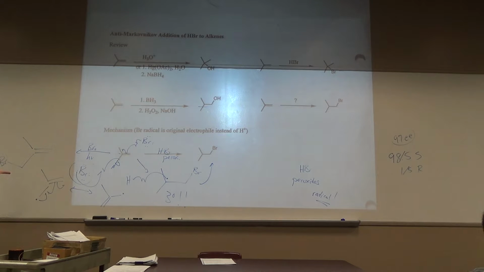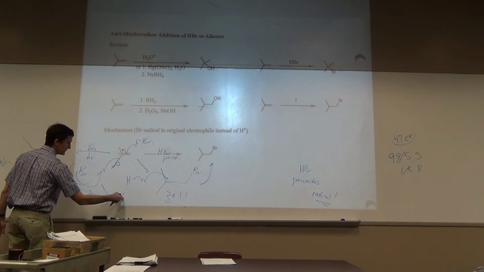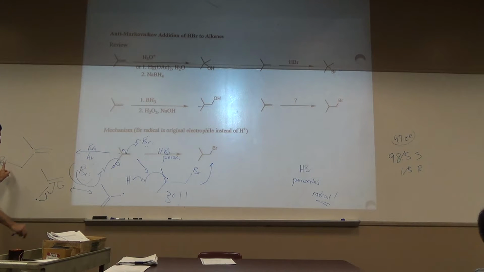But that's the same exact thing. So it's an equal contributor, and if that captured a bromine radical, you could still get the same product. But then this captures a bromine radical, or from bromine. One electron here, one electron here, one electron here. That gives the final product plus Br radical.